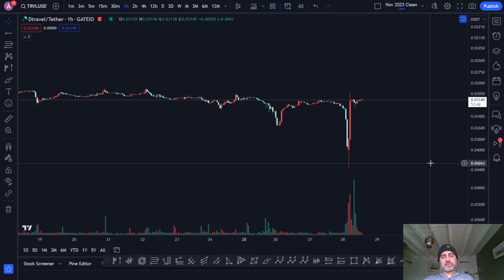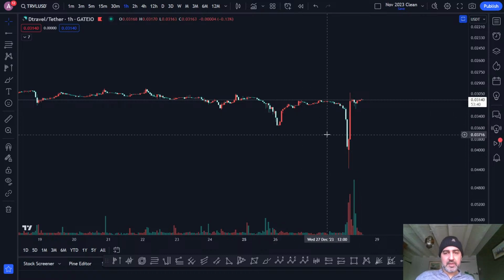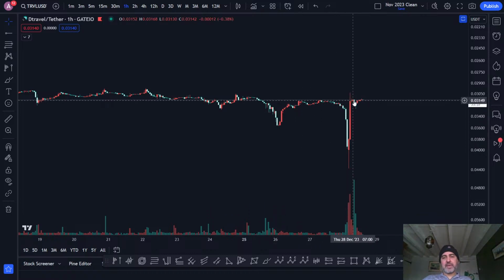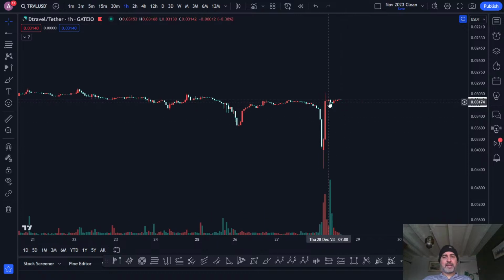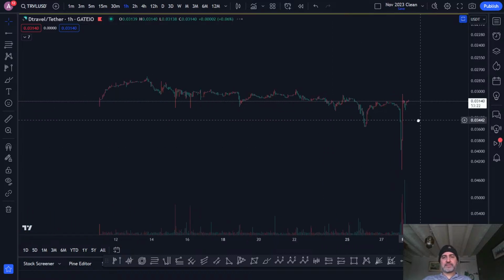This is inverse, so I don't want you to think this is... You see, it looks bullish, so therefore it's bearish. If this was to happen in a normal, regular chart, this is the right way around, this would look very bullish, because the price was immediately brought back up, immediately with high volume, with serious volume, right?